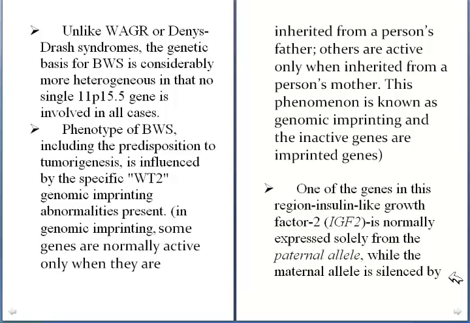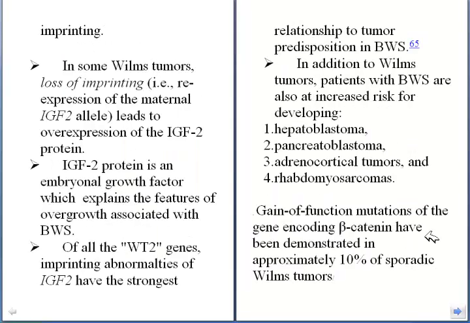Now, one of the genes in this WT2 region is insulin-like growth factor 2, which is IGF-2, and this is normally expressed solely from the paternal allele, while the maternal allele is silenced by the imprinting, that is, the maternal allele is the imprinted or inactivated gene. In some Wilms tumors, you would see that there's loss of imprinting, that is, the genes that should be inactivated are now activated.